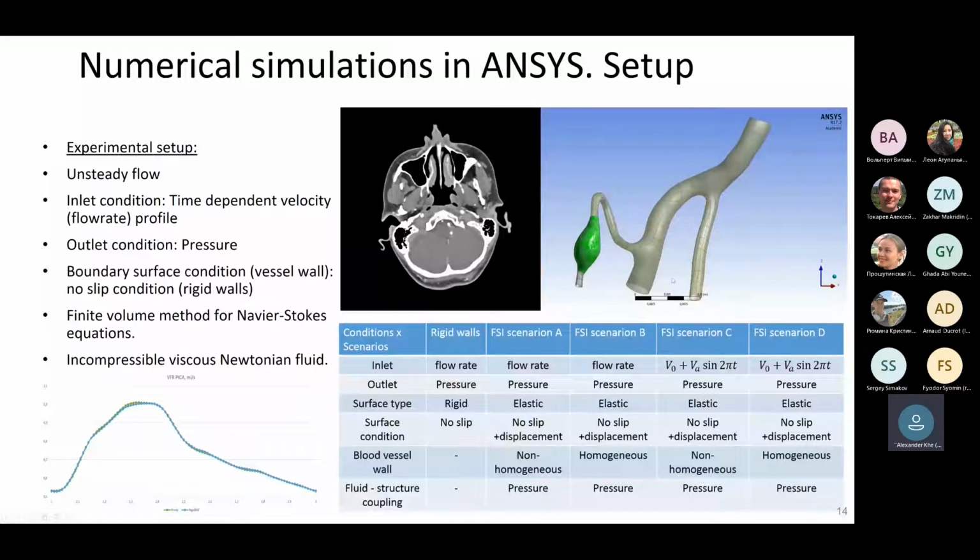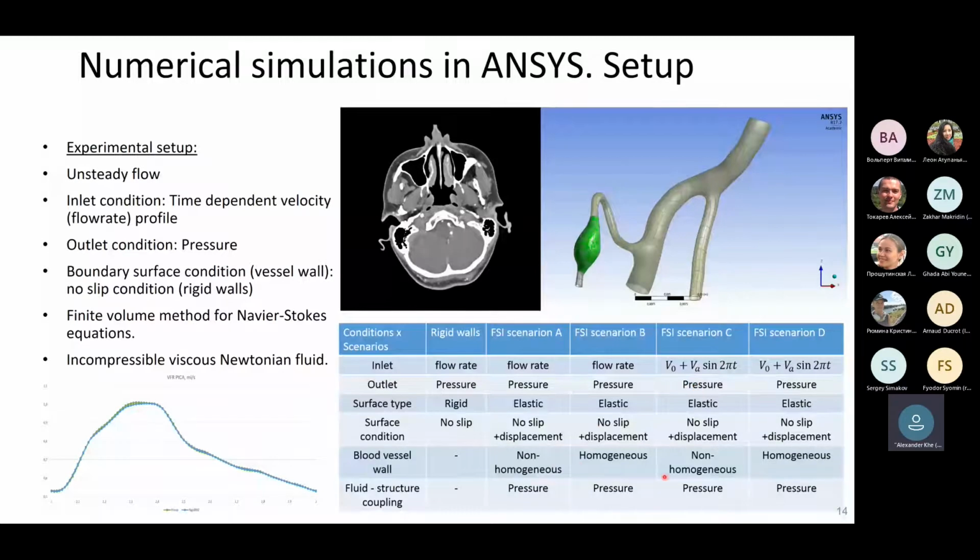We performed 5 calculations with rigid wall assumption and 5 with elastic wall assumption. And in FSI simulations, in 2 of them we set a patient-specific flow rate at inlet, and for another 2 of them we prescribed harmonic flow inlet conditions.